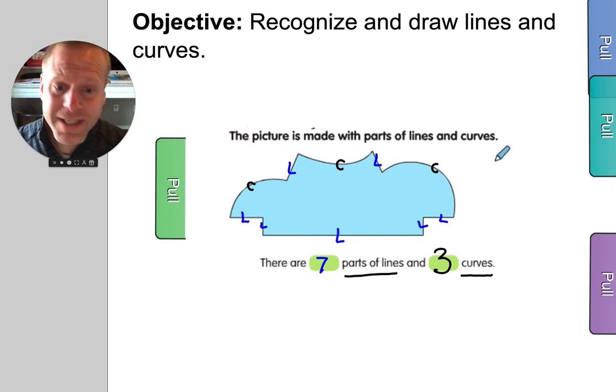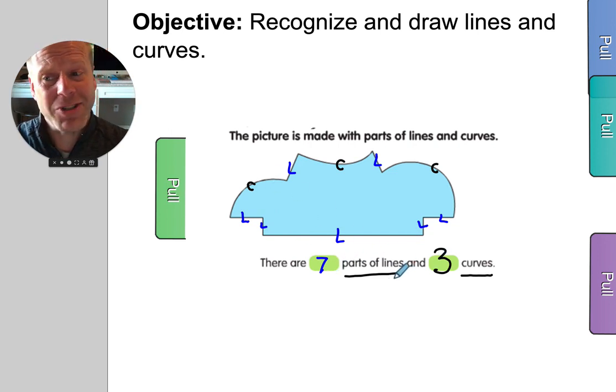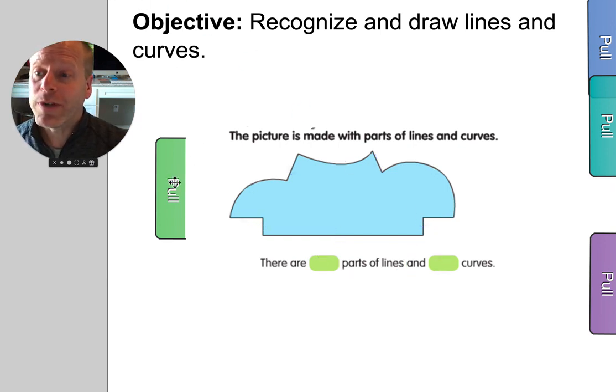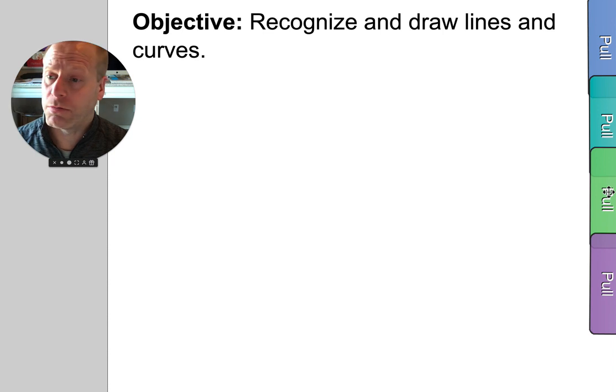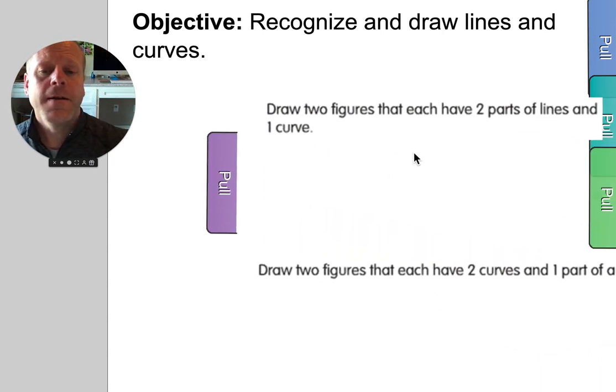So 10 different lines and curves, all labeled. So when I give you pictures today, I would love to see your labels and your numbers down at the bottom. I use 2 different colors. Just saying, if you're doing this on Seesaw, it's really easy to switch colors out. So it makes it kind of nice.